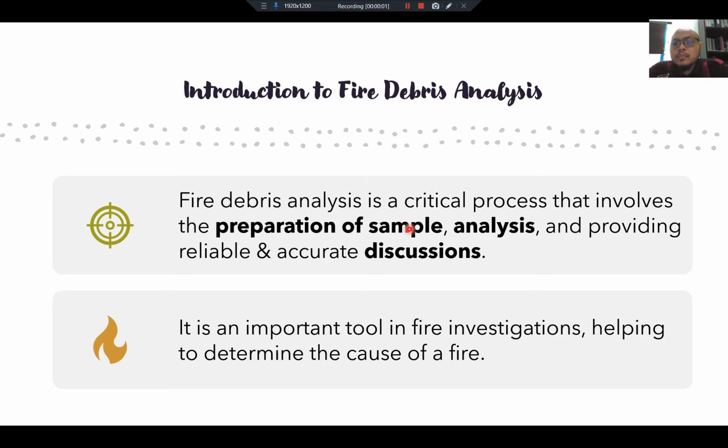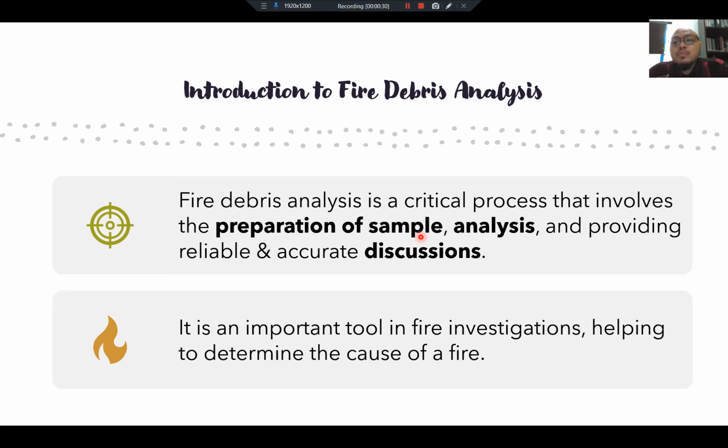Alright. So just as an introduction, for any kind of analysis in the lab, of course we need to prepare the sample. Preparation of the sample is one of the important steps. It might not be the first step, but it is one of the important steps. The preparation of the sample will take a lot of time, followed by the analysis, and then we need to provide the discussion.